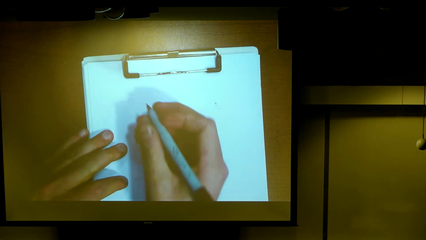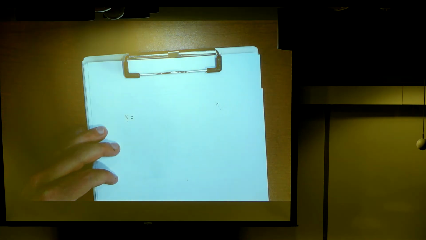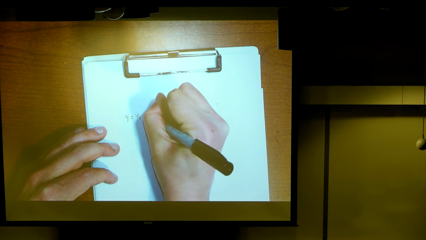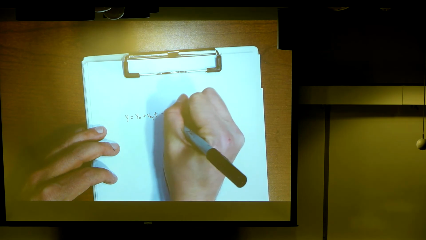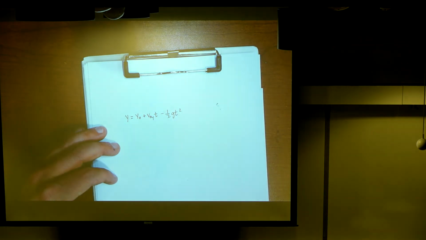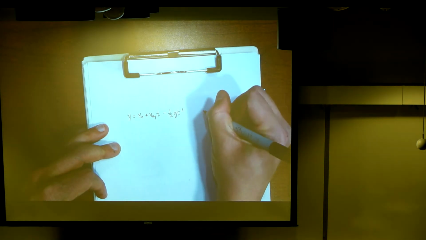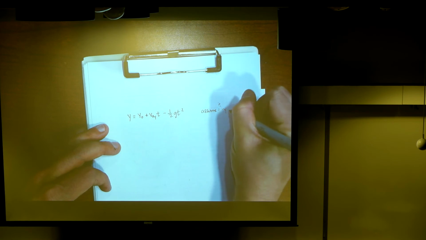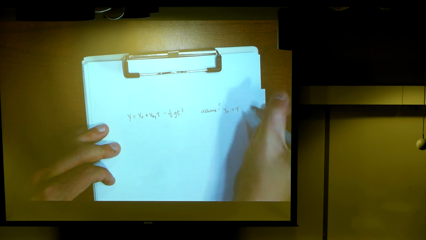I'm going to start with the y kinematic equation for a projectile. This says y equals y naught plus v naught y times t minus 1/2 g t squared. What we're assuming is that the initial height y naught is the same as the final height y.